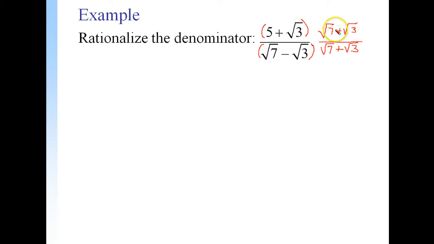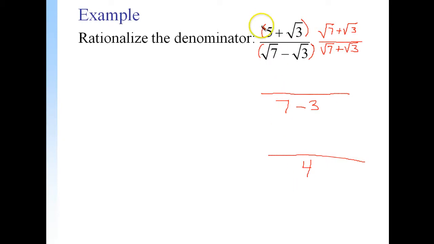Now, notice this is just 1. So let's just do it down here. Square root of 7, square root of 7, square root of 49 just becomes 7. This is going to become a negative square root of 9, which is 3. So our denominator here is going to be a 4.